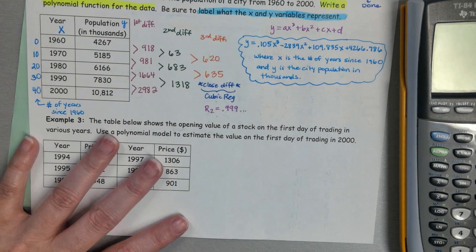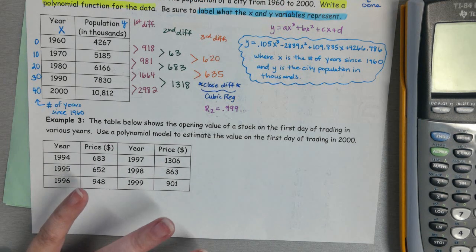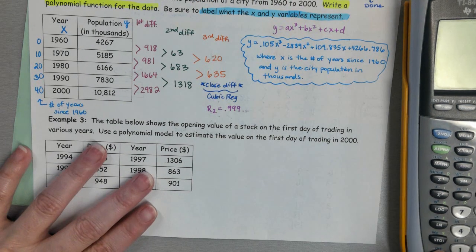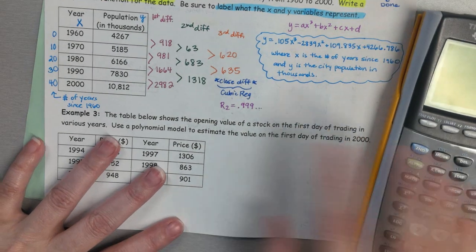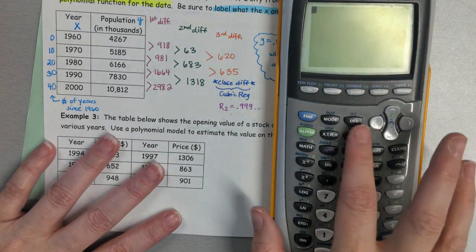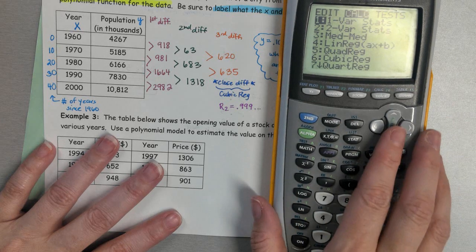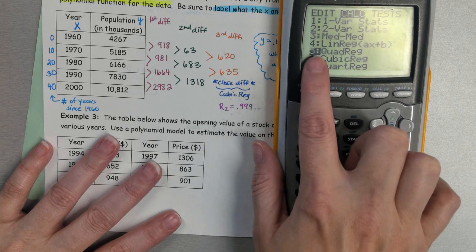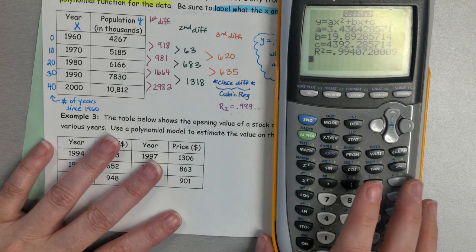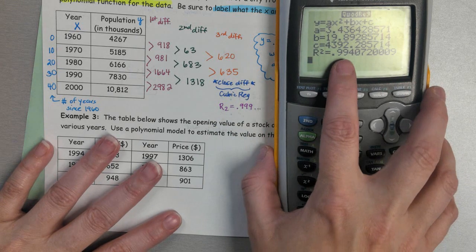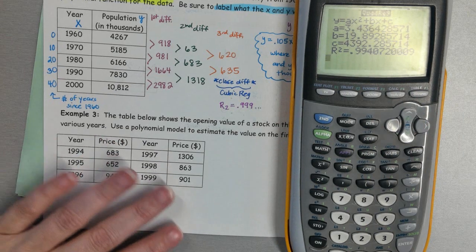Okay, so I asked you to use the same data and do the quad reg because I want to show you something. We're going to do this several times. So if I were to do the quadratic regression for this, my R squared value, again, I'm going to round it to 3 decimal places.